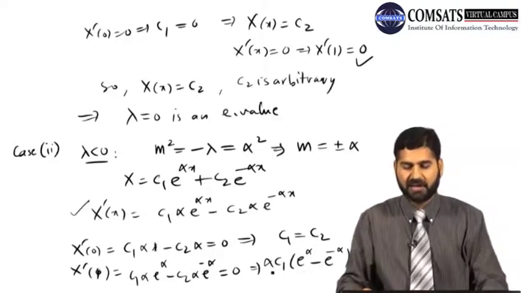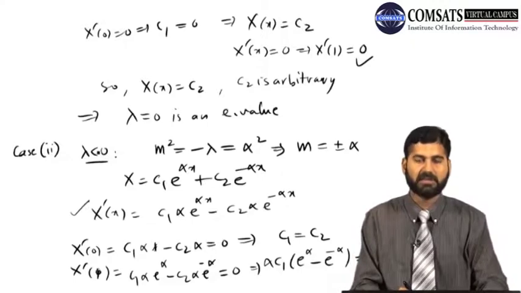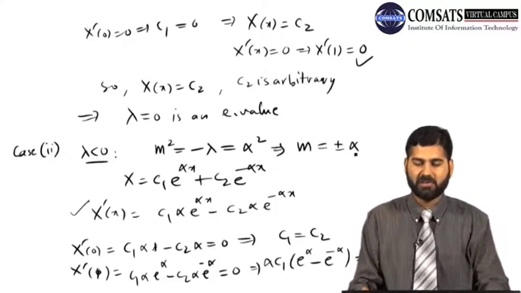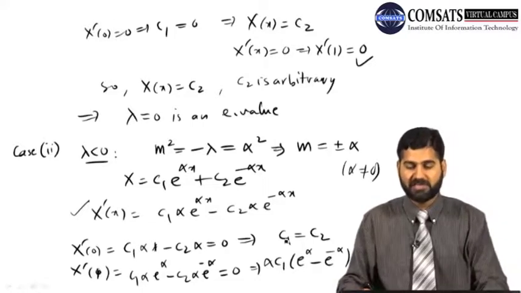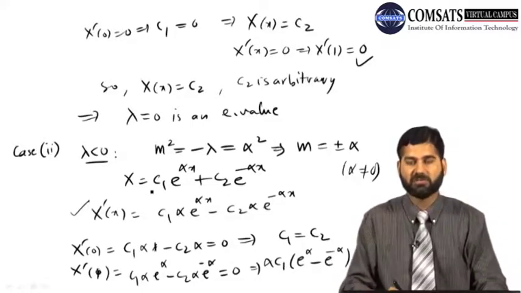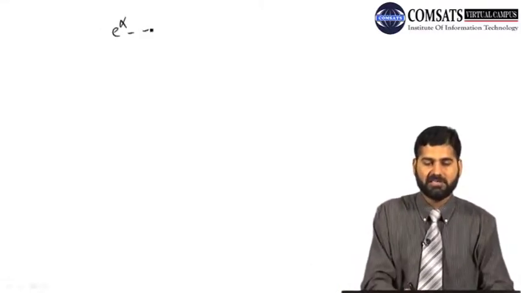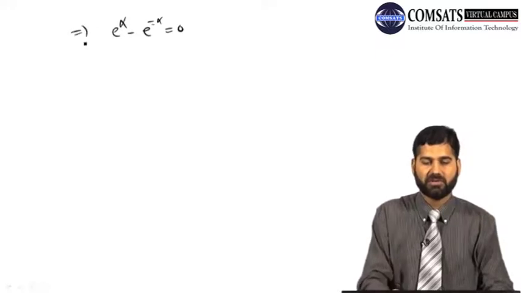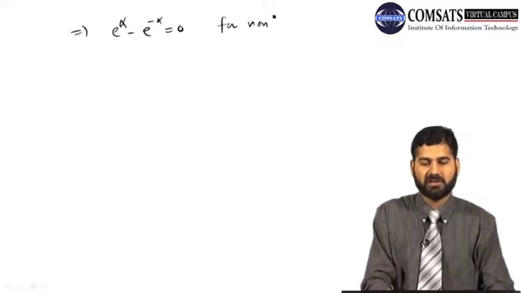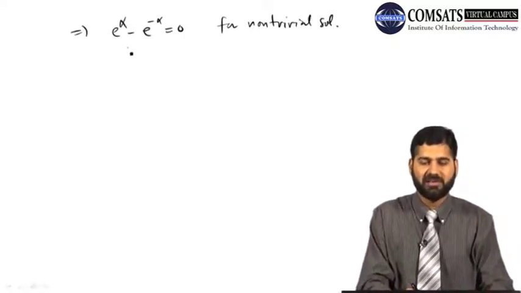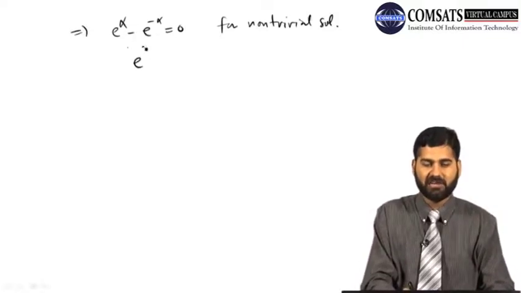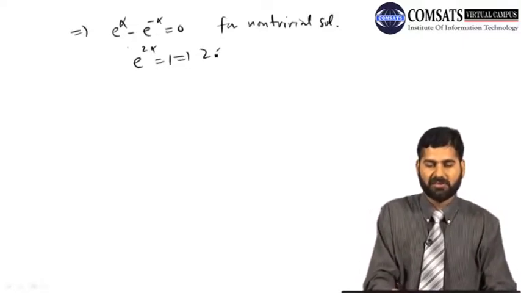So now again alpha is not 0, of course. And c1 cannot be equal to 0, because if c1 is 0 then c2 is 0 and the whole solution will become 0. So for a non-trivial solution, the only possibility is e to the alpha minus e to the minus alpha is equal to 0. But from here I know that this is not possible, because if you send it there and divide, I get e to the 2 alpha is 1 and 2 alpha is equal to 0.